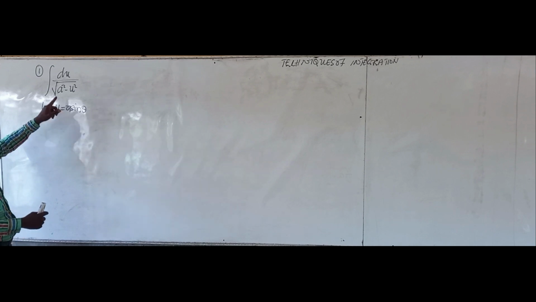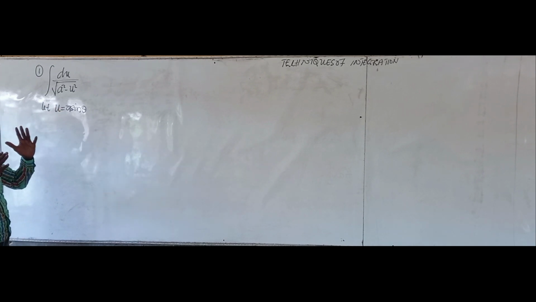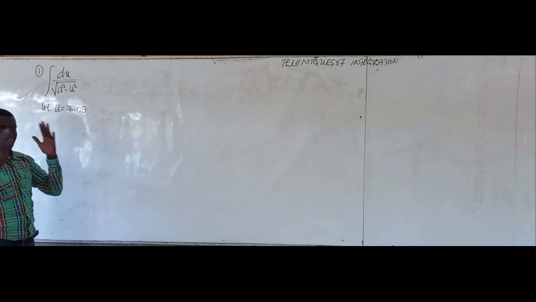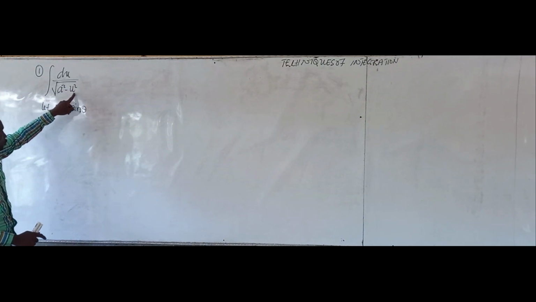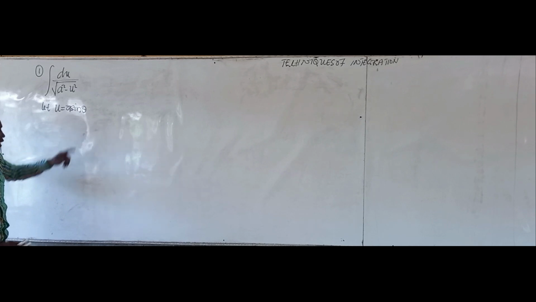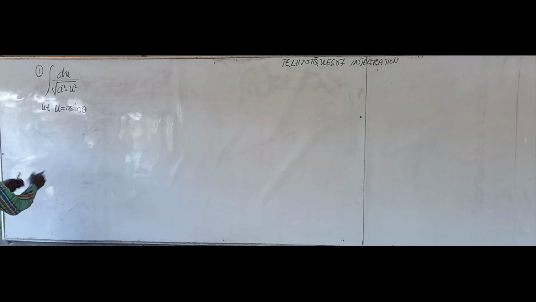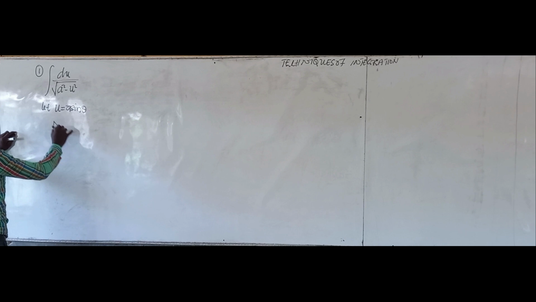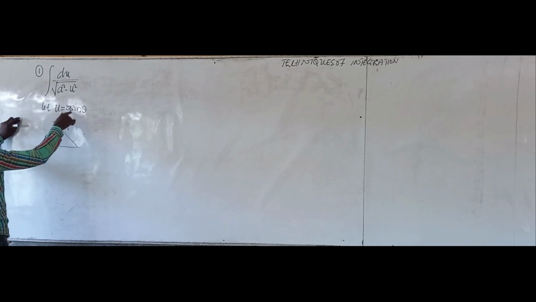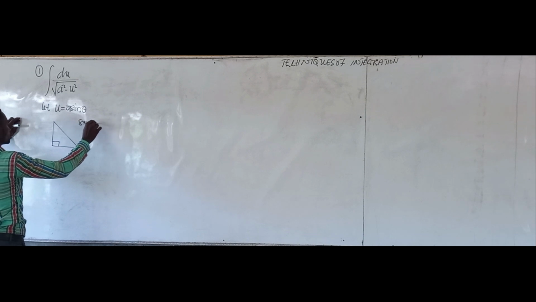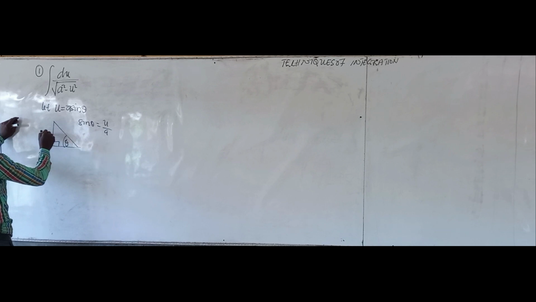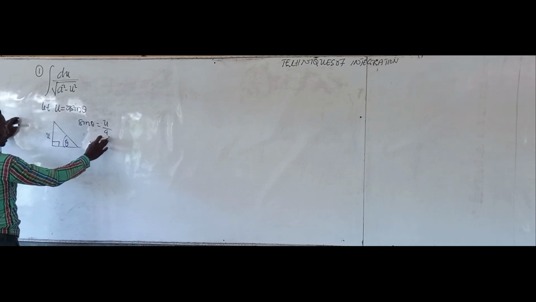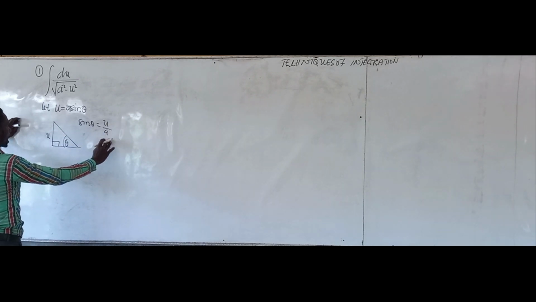So always when you have the integrand and you have under the square root a squared minus u squared, your substitution should be a sine theta. When you draw your right triangle and make a the subject, you get sine theta equal to u over a, and sine is opposite over hypotenuse.